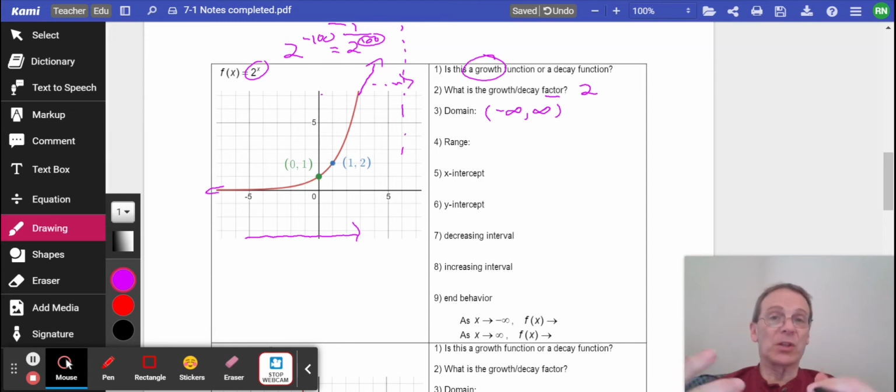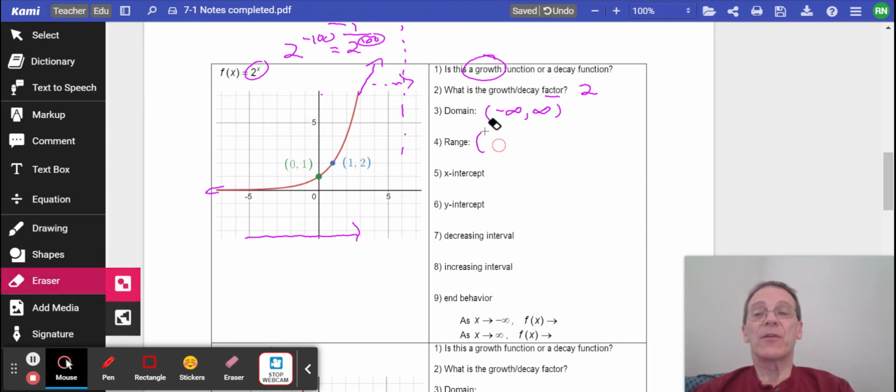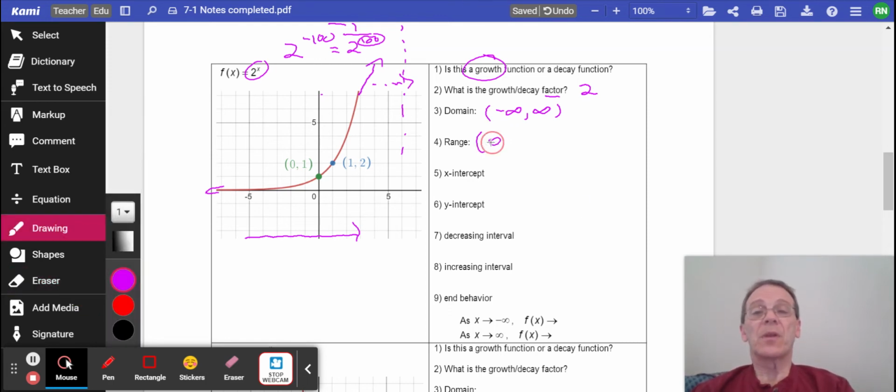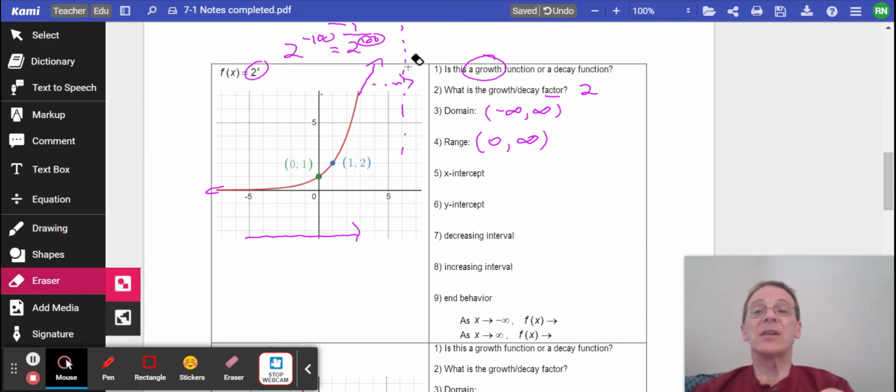And so there's a little bit of an explanation for you as to why there really is a horizontal asymptote there, and why the range, in this case, goes from 0 up to positive infinity. Remember, the range is the y values or the function values. Okay, and they're never going below 0, but we can see that they are heading up towards positive infinity.